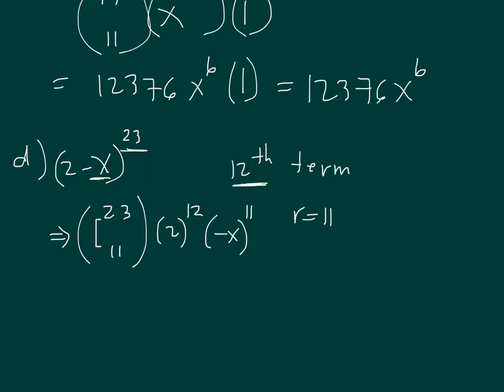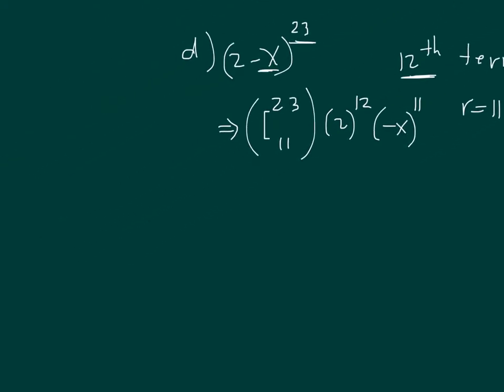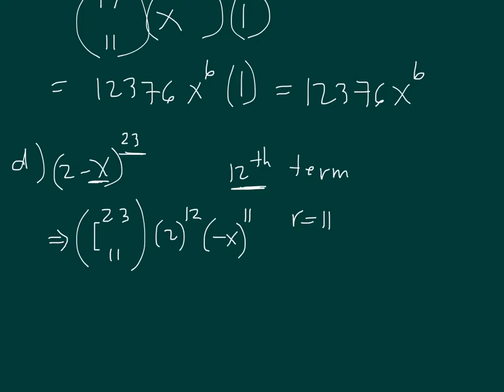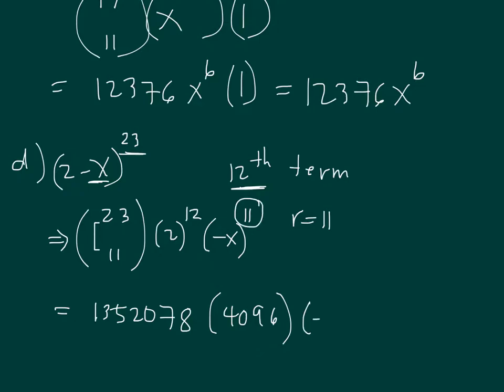So again, we look for the value of 23 combination 11. So just use your calculator to find that. So this will be 1352078. Now we need to look for 2 raised to 12. So this is equal to 4096. The negative x to the 11, so this is an odd exponent, so the negative will remain negative.